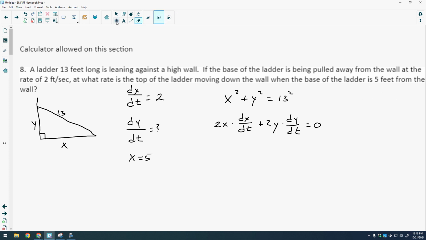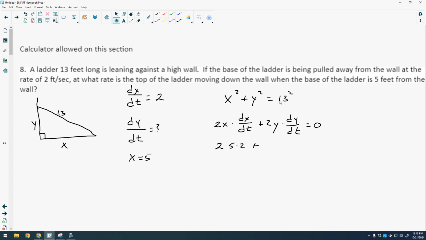Okay. Plug in what I know. dx/dt is 2, x is 5. So this is, can we do it all in our head? No, sorry. 2 times 5 times 2. Plugging in 2 for dx/dt, plugging in 5 for x. Okay, I don't know why.